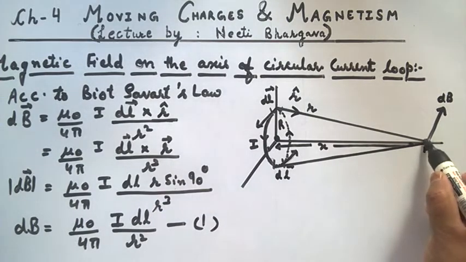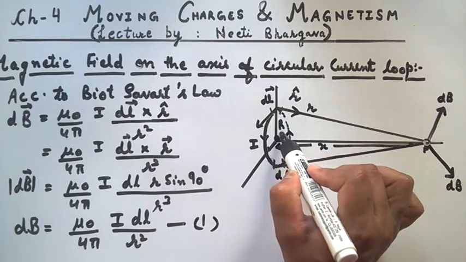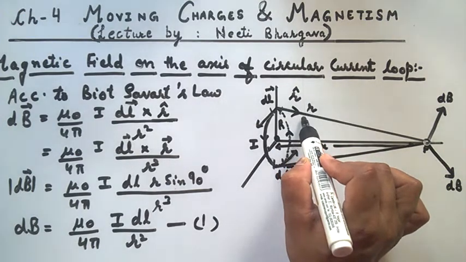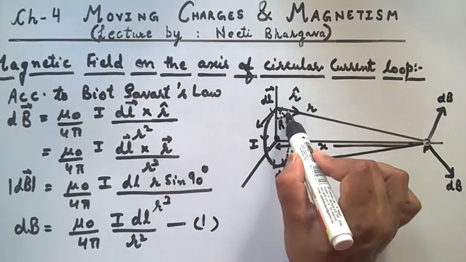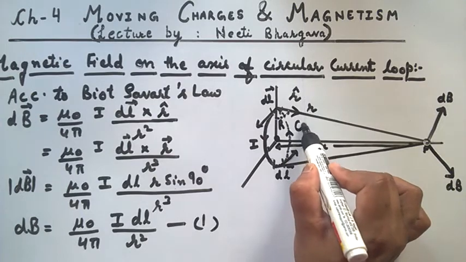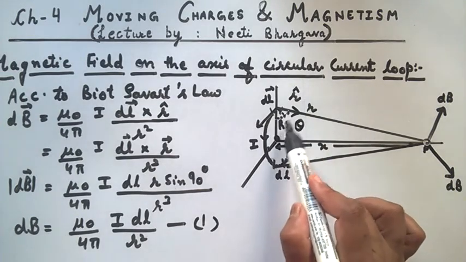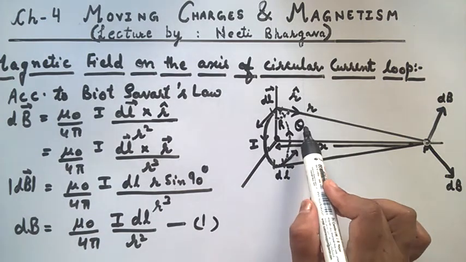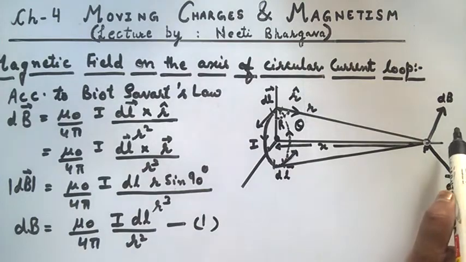Now let us suppose the angle between r and this r be theta. If the angle between these two line segments is equal to theta, then the angle between their perpendiculars will also be theta.